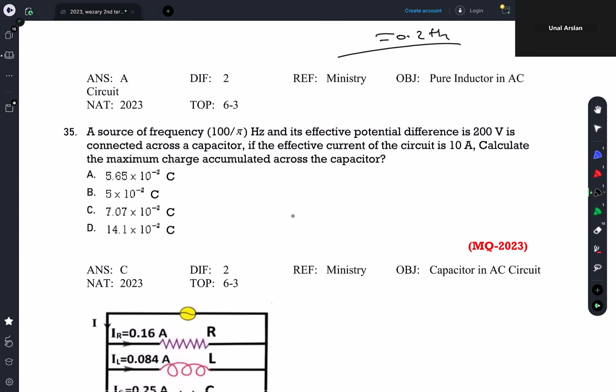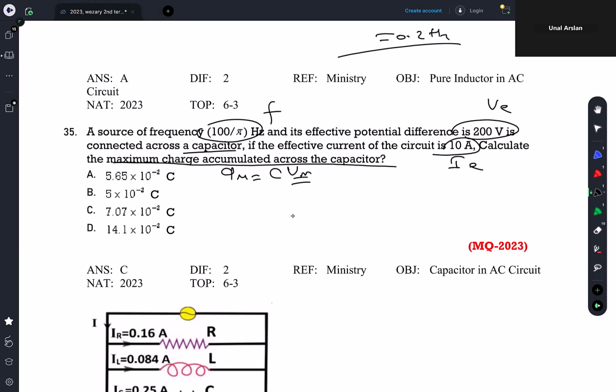A source of frequency F, if its effective potential difference is 100 volts, is connected across a capacitor. If the effective current of the circuit, which is IE, is given, calculate maximum charge Q maximum, which is C times V maximum.